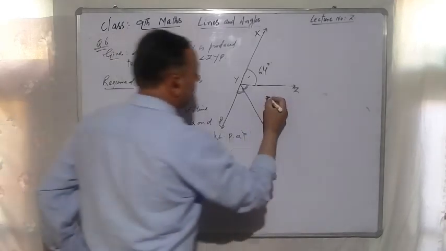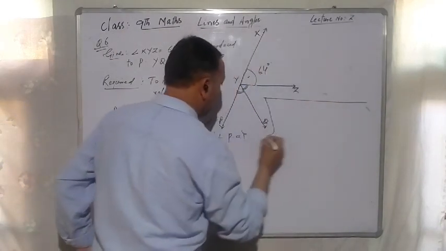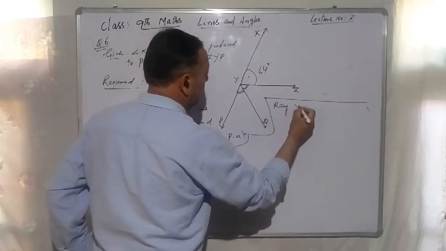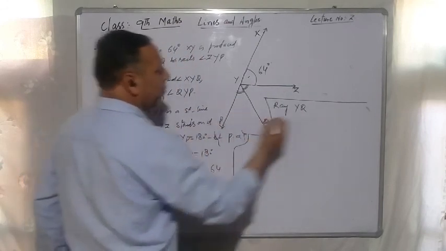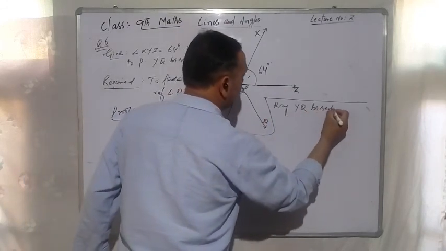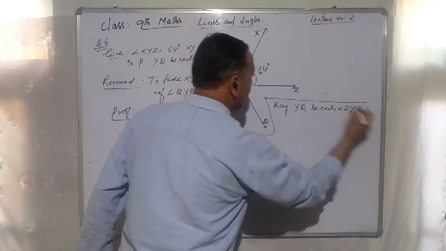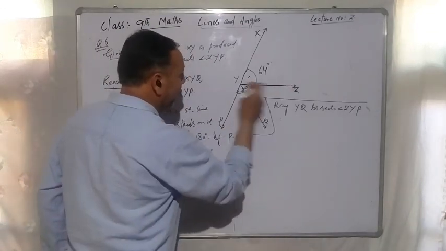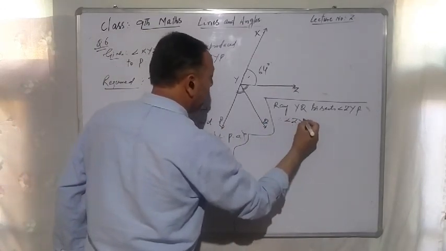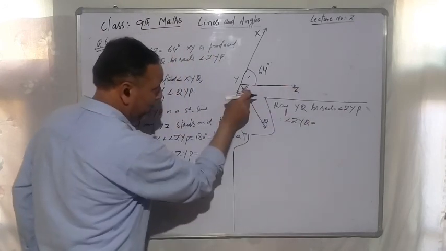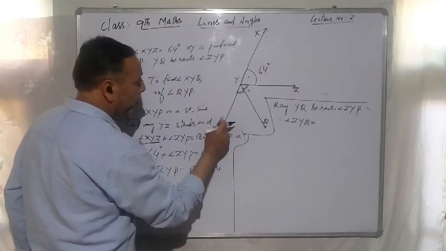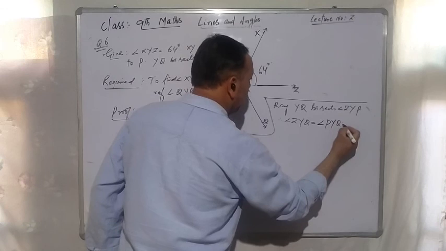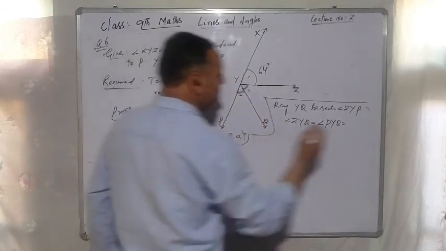Now, ray YQ bisects angle ZYP. This ray YQ bisects angle ZYP. So it means that angle ZYQ is equal to angle PYQ, both the angles will be half of angle ZYP.